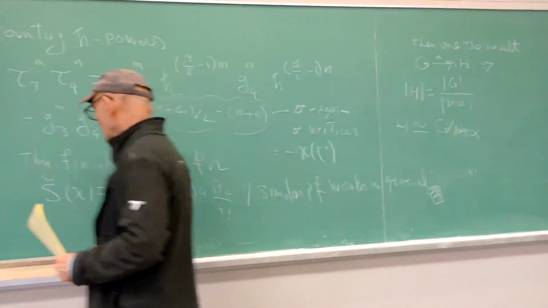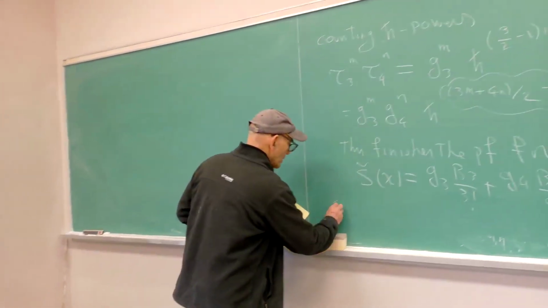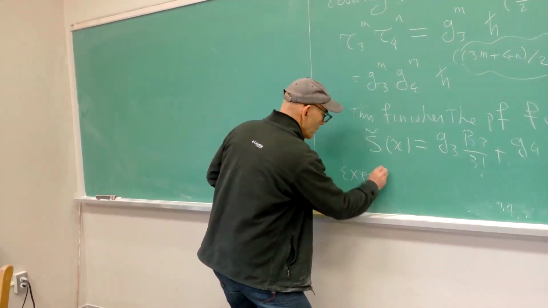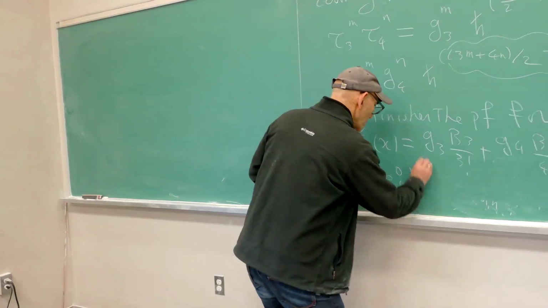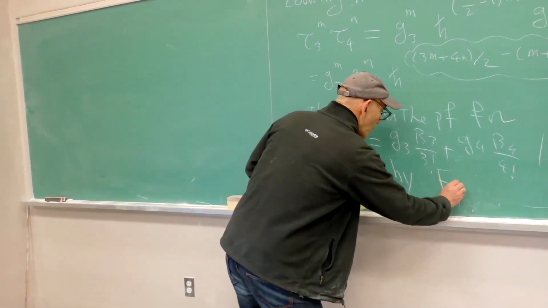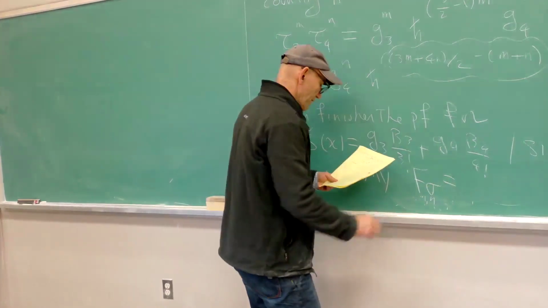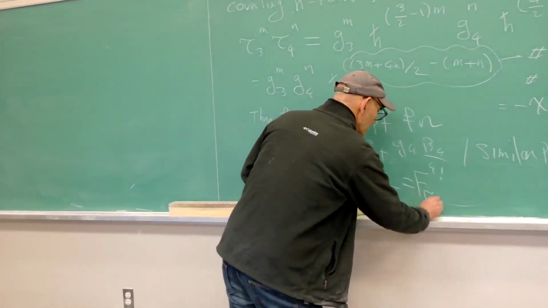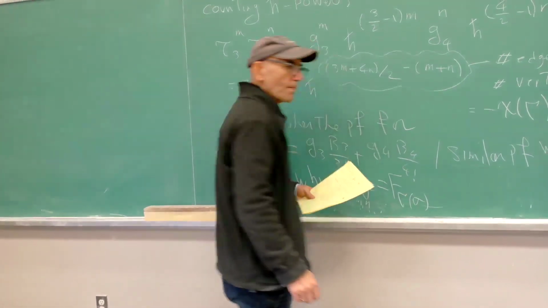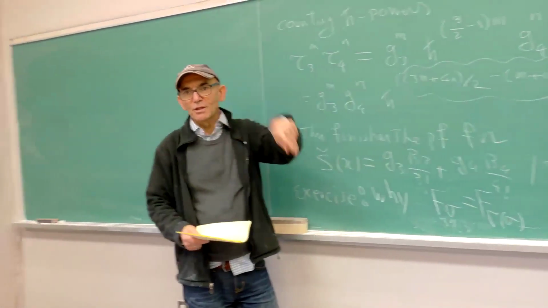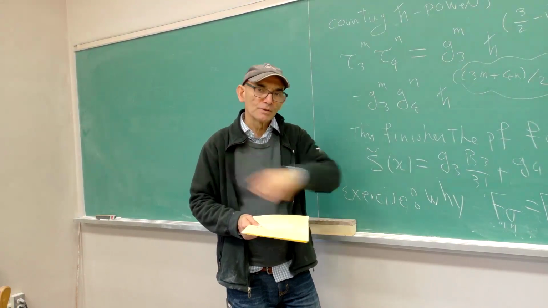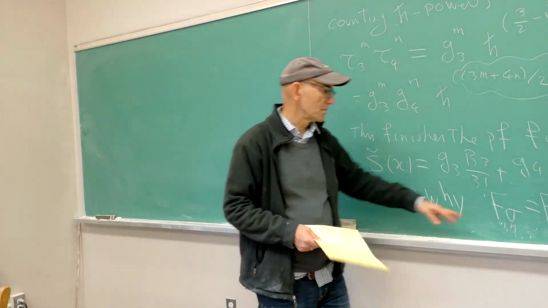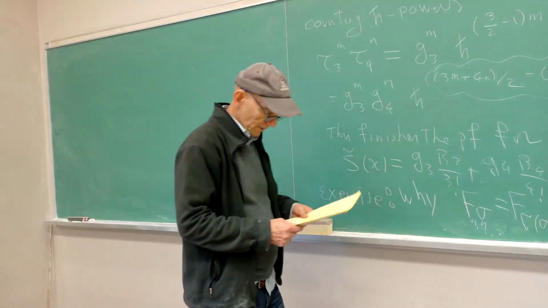I leave this as an exercise, and it is actually a good exercise. You go through the definition of this contraction of tensors, and you spell it out, and you see that it fits.